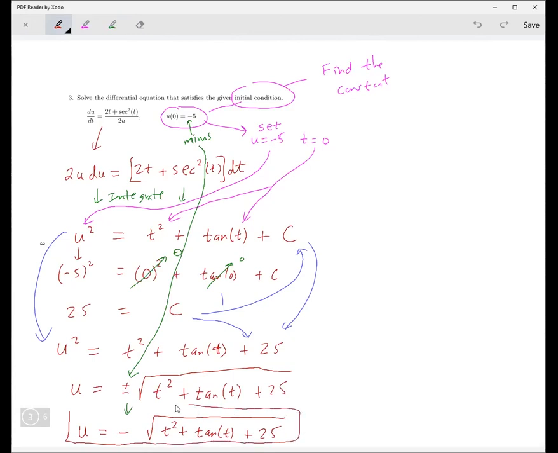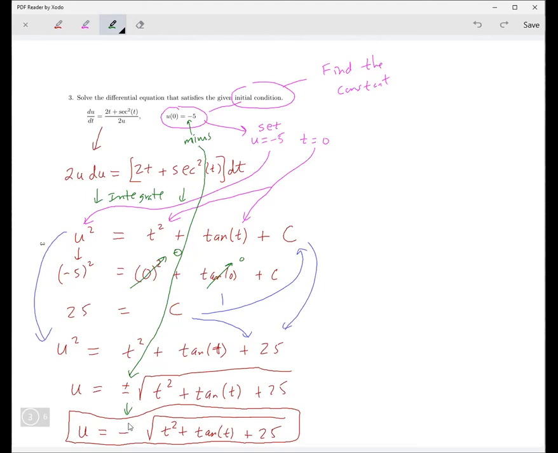Okay, so because we know the initial condition, then we can go further. So u of 0 is negative. In other words, if you were to plug a 0 in for t, the square root of 25 would be 5. But according to this, it could either be plus or minus, but it has to be minus.